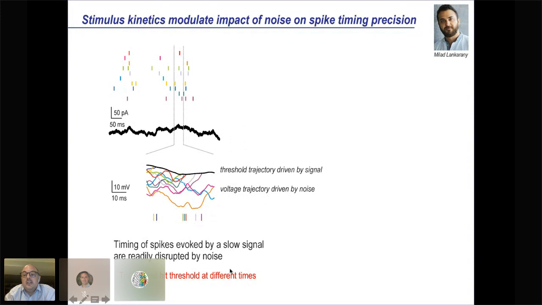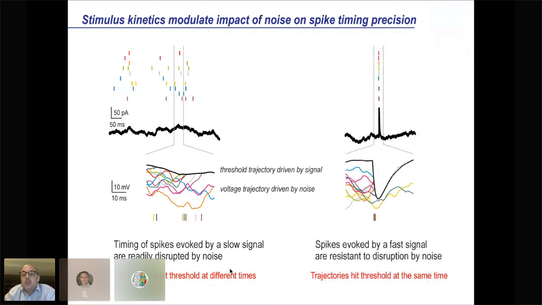Now, what I want to do is contrast that with an abrupt or fast signal. What you see here is this fast signal, which corresponds to an abrupt reduction in the voltage threshold. And now you can see that, despite noise causing all of these fluctuations in the voltage trajectory, all of the trajectories that are going to hit threshold hit at nearly exactly the same time. A couple of those trajectories actually miss, and they don't generate any spikes.